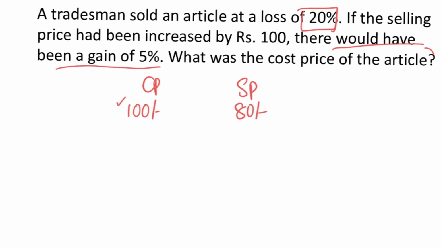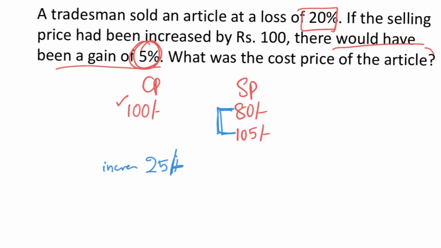If he purchases at 100 rupees, when will he get 5% profit? Only if he sells at 105 rupees does he get 5% profit. So how much should the increase in selling price be? There should be a 25 rupees increase in selling price.